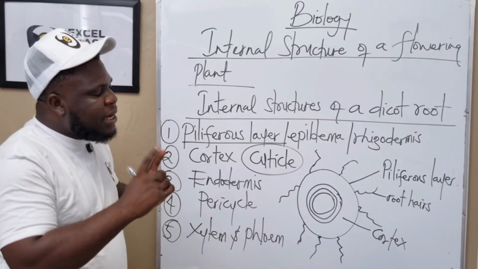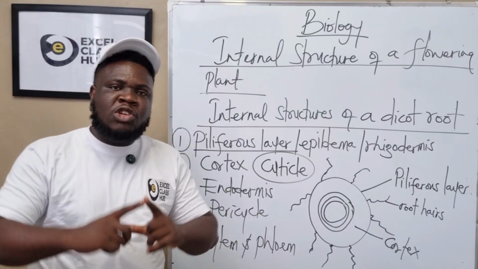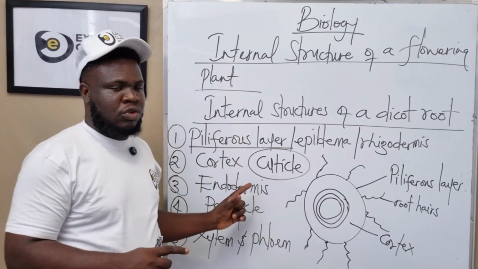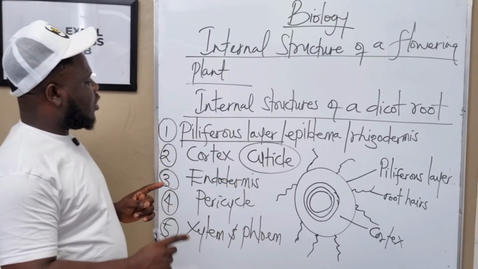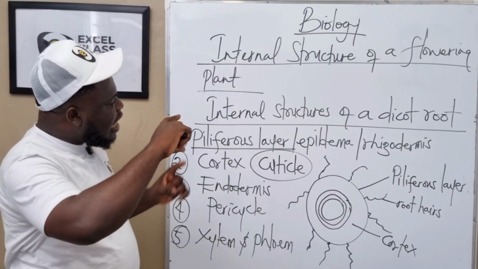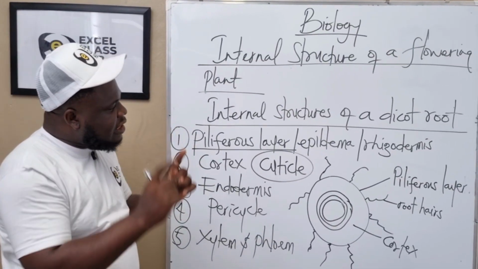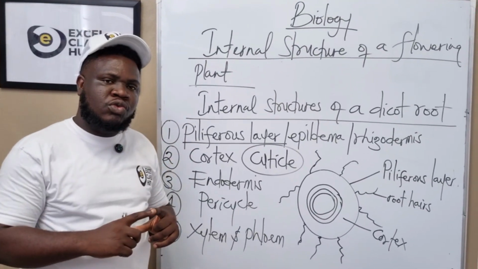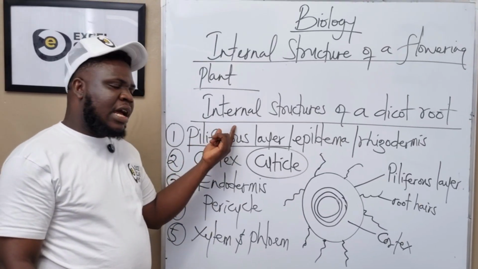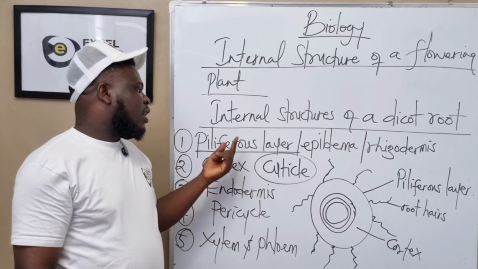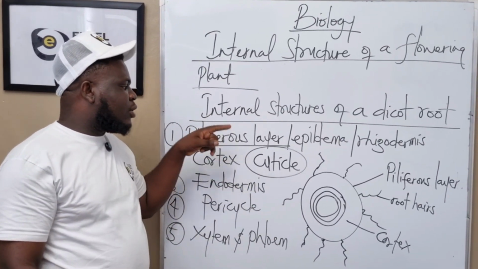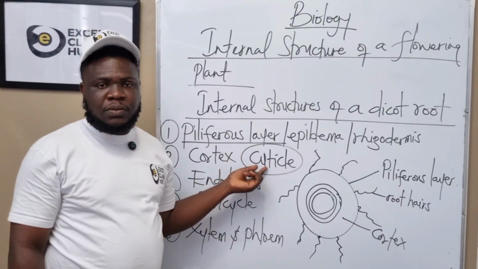But epidermis is not usually used for roots. Why? Because the external layer of the internal structure of a root is called piliferous layer and not epidermis, because the external layer of the internal structure of a root does not have cortical.